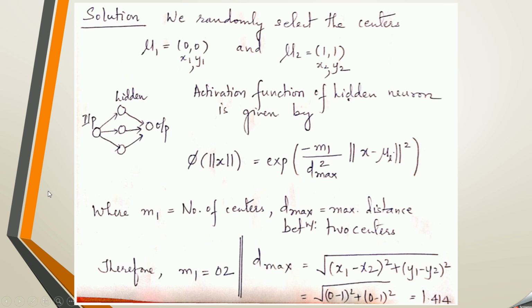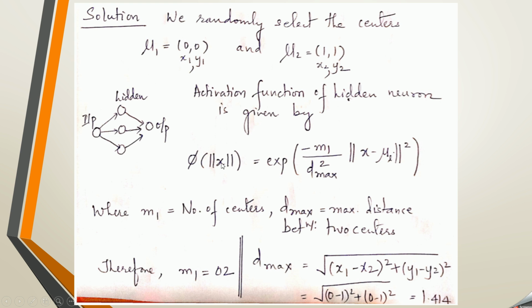Now, the first step is to randomly select the centers. We denote our centers with mu1 and mu2, and we select (0,0) and (1,1). The activation function of the hidden neuron is given by the following. As I told you, we have one input and the hidden layer, which is where the radial basis function is used, and we get the desired output.